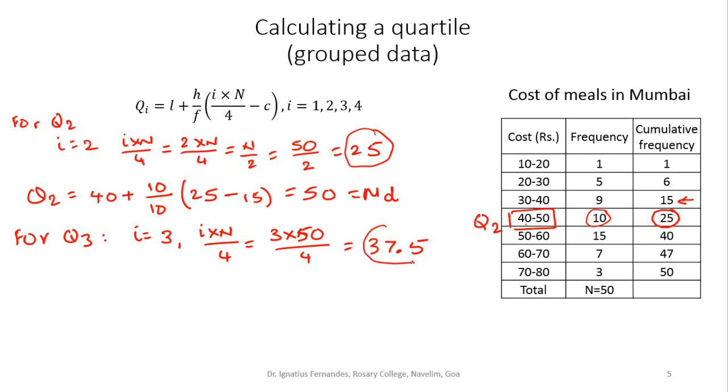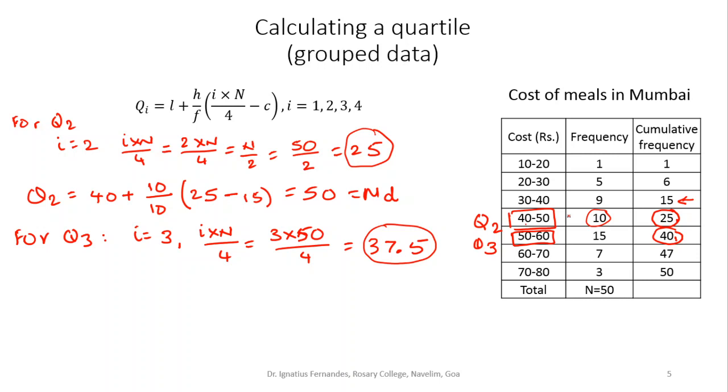So once you get 37.5, find out in the cumulative frequency where this particular entry will be. So I have 1, 6, 15, 12, 25 and 40. So the 37.5 entry will be somewhere in the class after 25. 37.5 is after 25, before 40. So it will be in this class, and this is the class that will contain Q3.